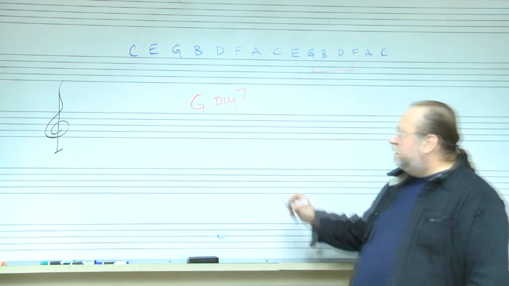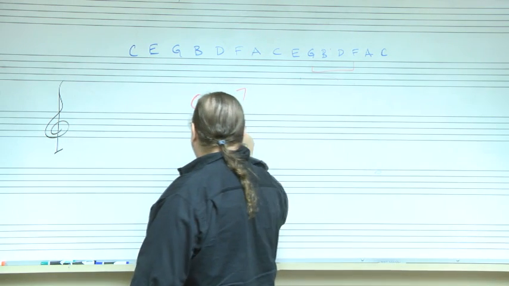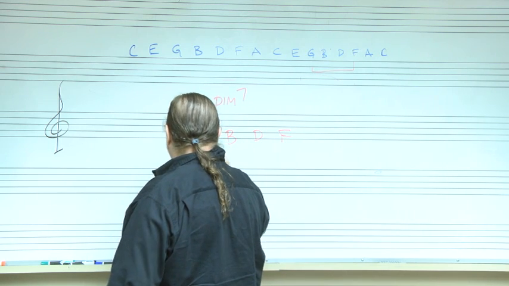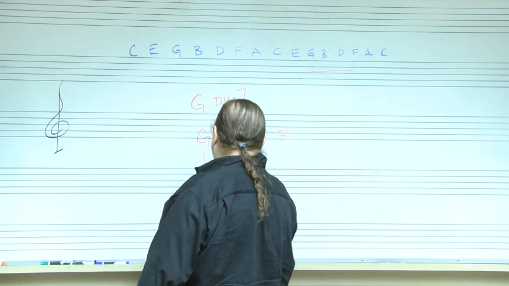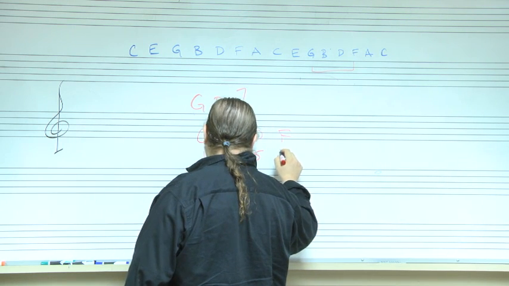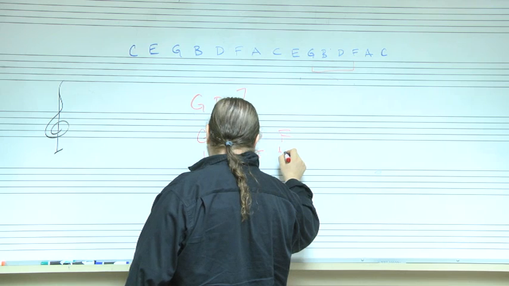So it's going to be G, B, D, F, modified. Here's your 1. This one has to be a flat 3, this one has to be a flat 5, and this one, for diminished, would be a double flat 7.